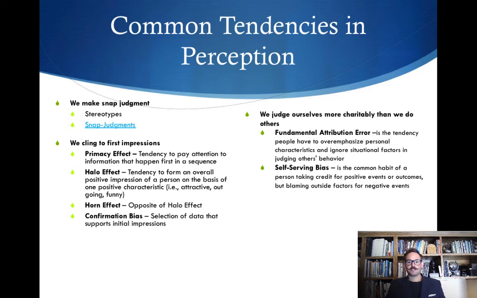Maybe this person has a second job, or maybe they just came from the hospital from caring for a parent or something, or maybe they have other responsibilities. So this fundamental attribution error is when we typically associate personal characteristics rather than taking into account situational factors.